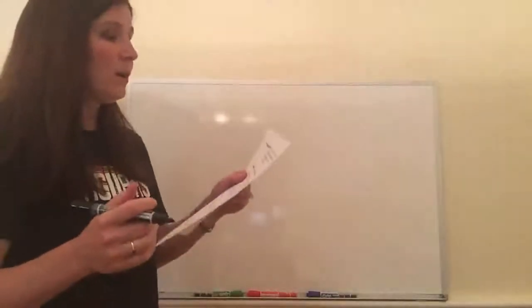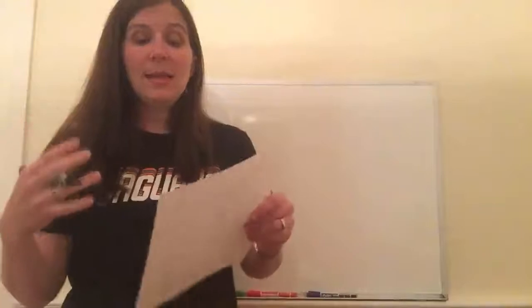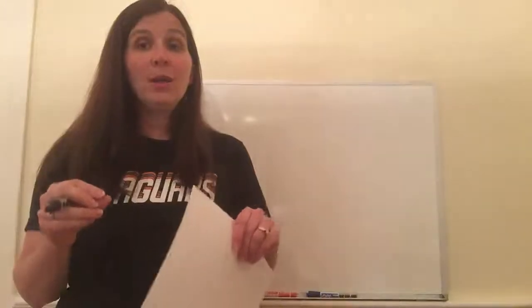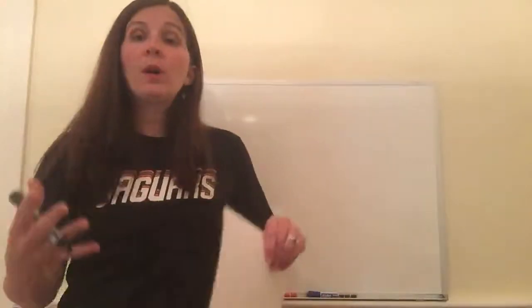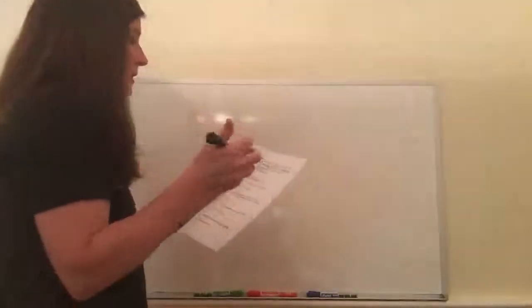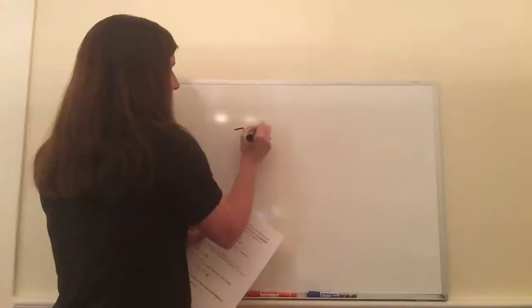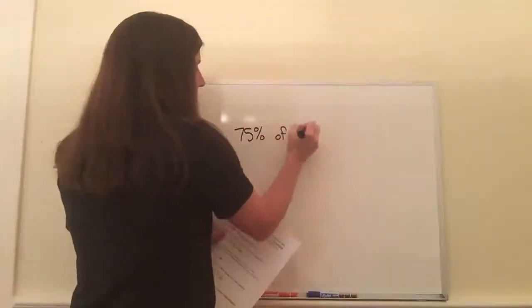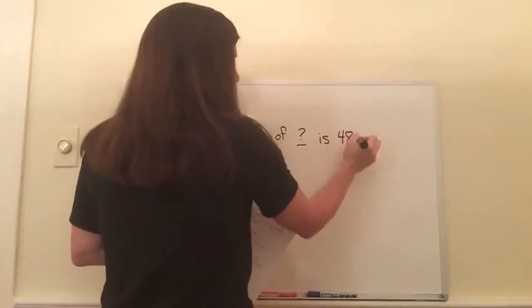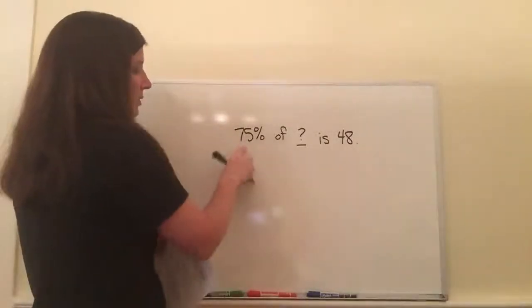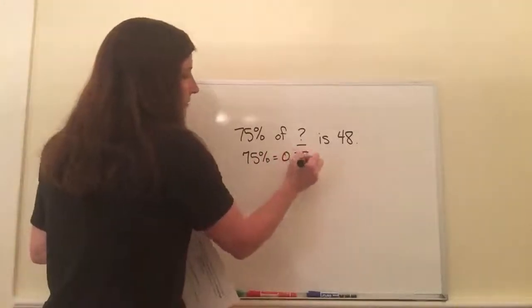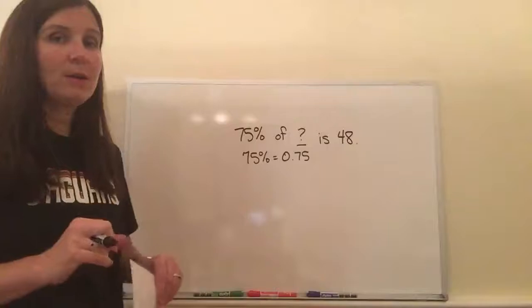So we are going to start off by writing the percent as a decimal. And then instead of multiplying this time, since we're looking for the opposite part, we're going to divide by that decimal. So if we want to do 75% of what number is 48, 75% is the same thing as 0.75, something I can easily type into my calculator.